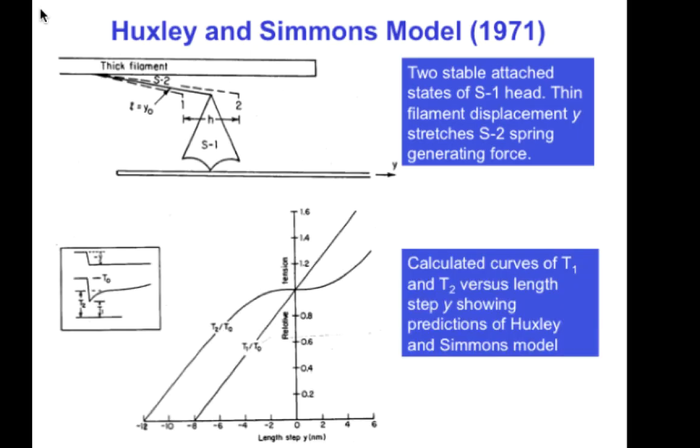And what Huxley and Simmons did is extend that theory by allowing the cross-bridge to be an elastic spring that would occupy these different states. And as it went through those states, it would stretch that spring. As a result, the Hill model can't explain this transient experiment. And the Huxley model that considers the cross-bridge as a force generator that has some elasticity can.